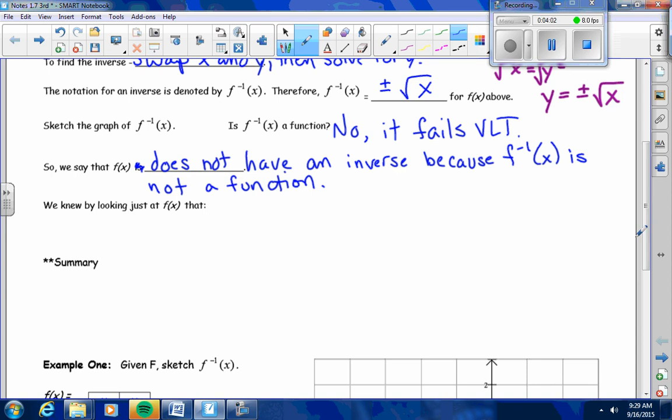So your basic parabola, y equals x squared, actually does not have an inverse function because the inverse fails the vertical line test.